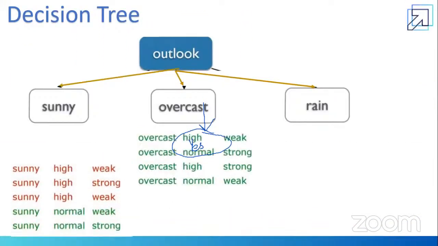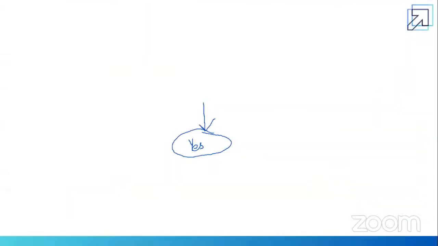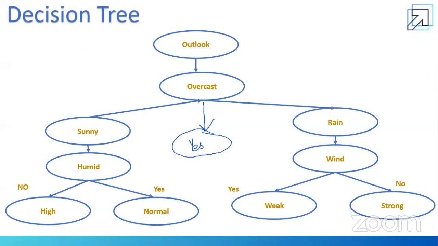When the outlook is rainy, humidity is high and the wind is weak, yes, the child can go out to play.